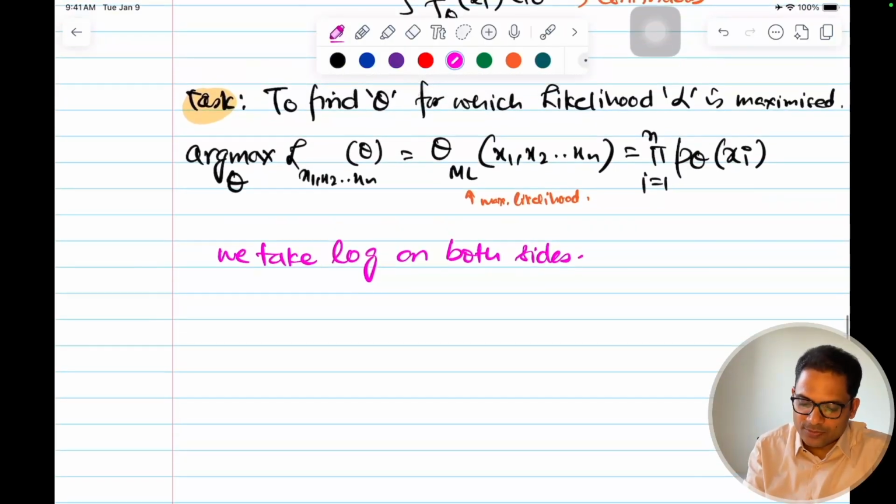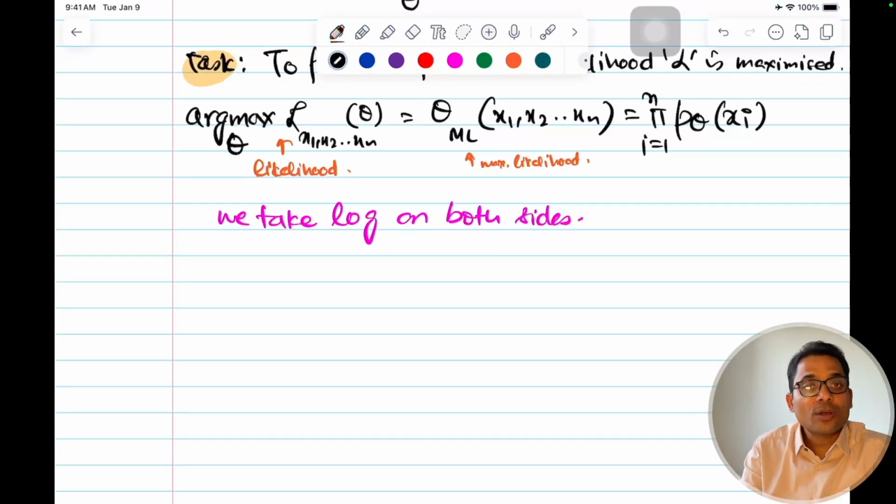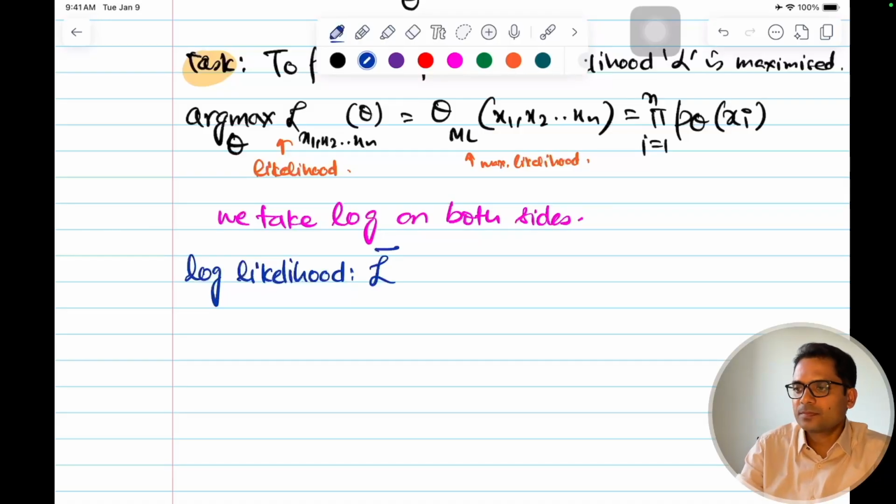So this L was my likelihood. After taking log, it becomes log likelihood, and we denote it as L bar.